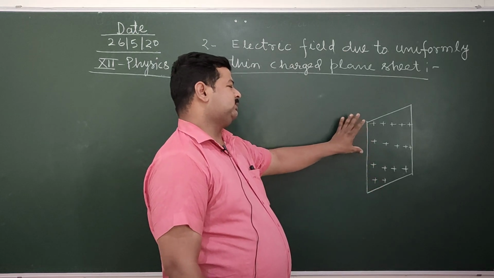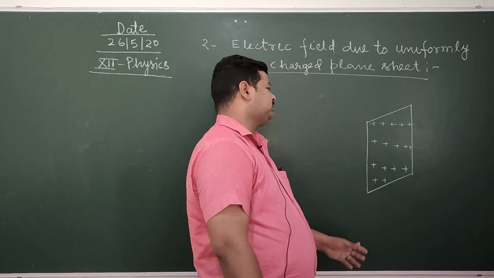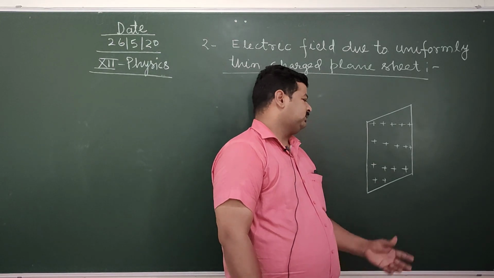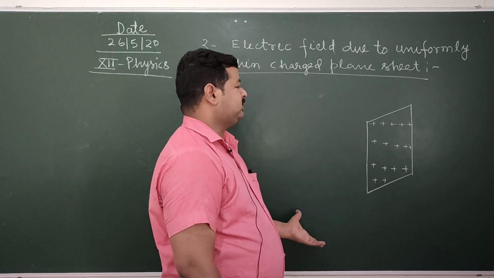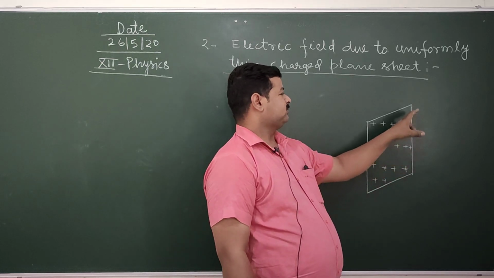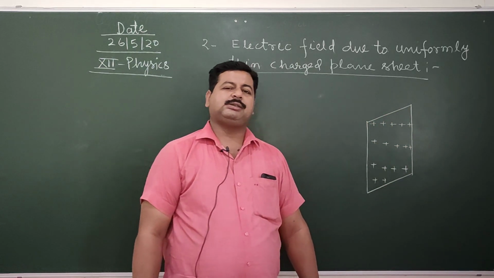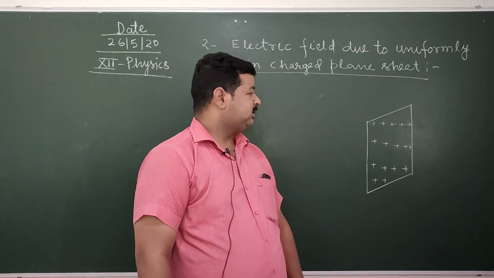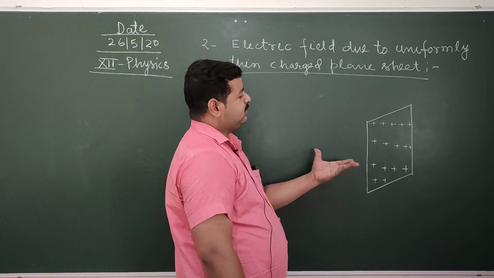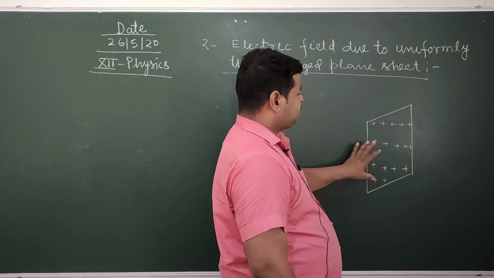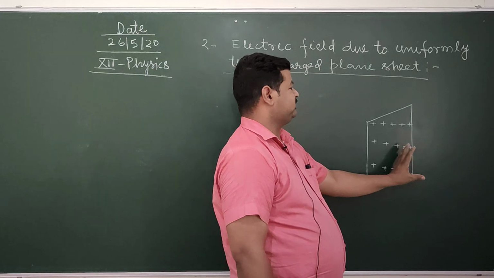Let us assume an imaginary surface that encloses the charge. What will be the shape of the surface? Here we assume a cube or cuboid by which we enclose this charge plane sheet.